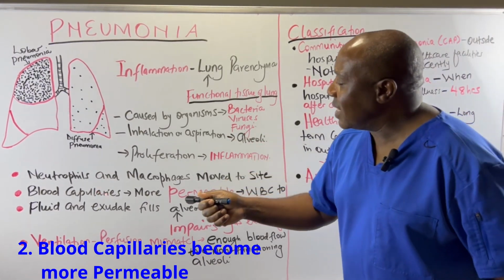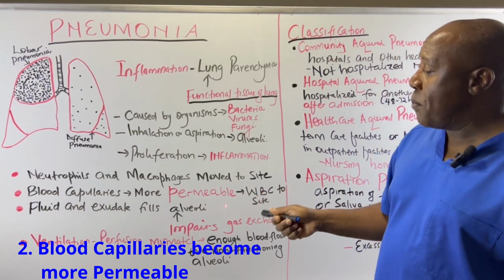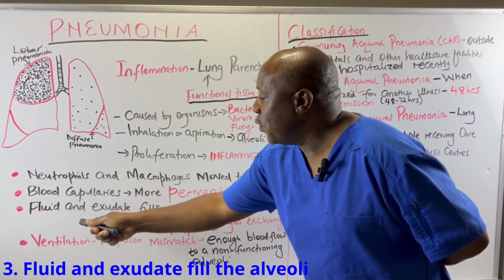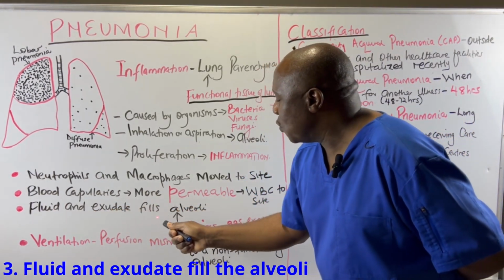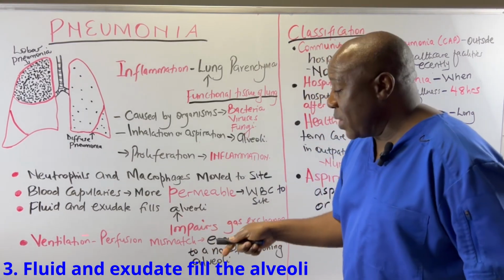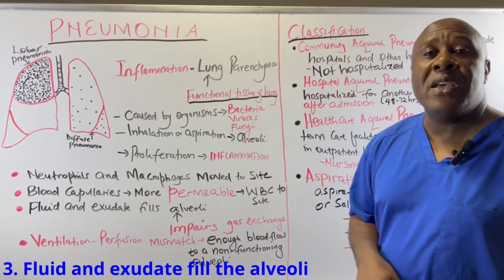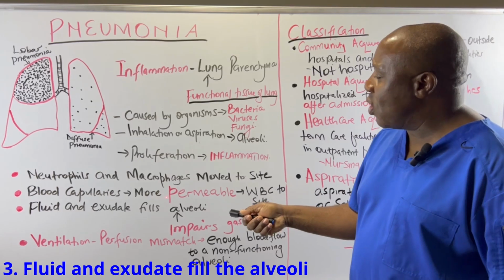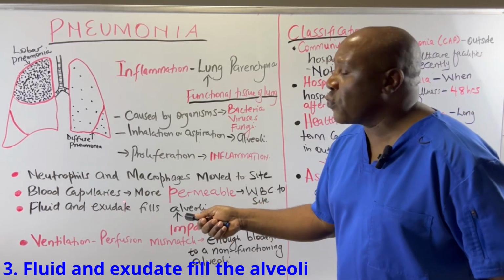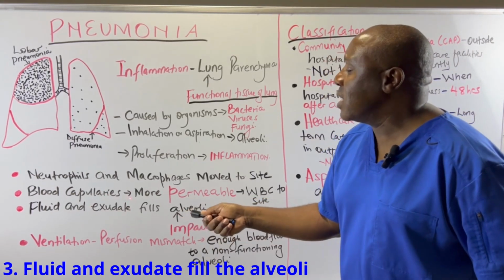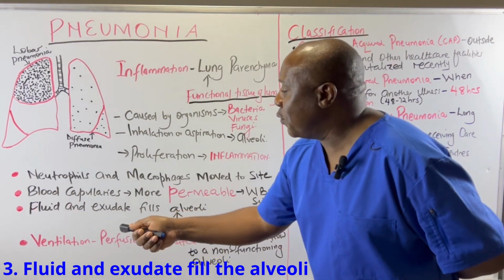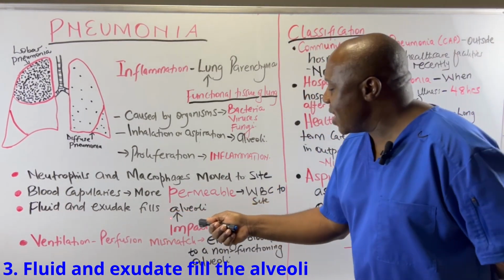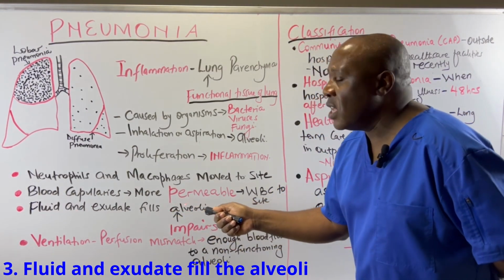Now, when we have blood capillaries becoming more permeable, we now have fluid and exudate filling up the alveoli. So we now have actual fluid in the alveoli. We have pus or exudate, this resulting from dead microorganisms mixing with this particular blood. So we have fluid and exudate in the alveoli, and this one now is not very good.